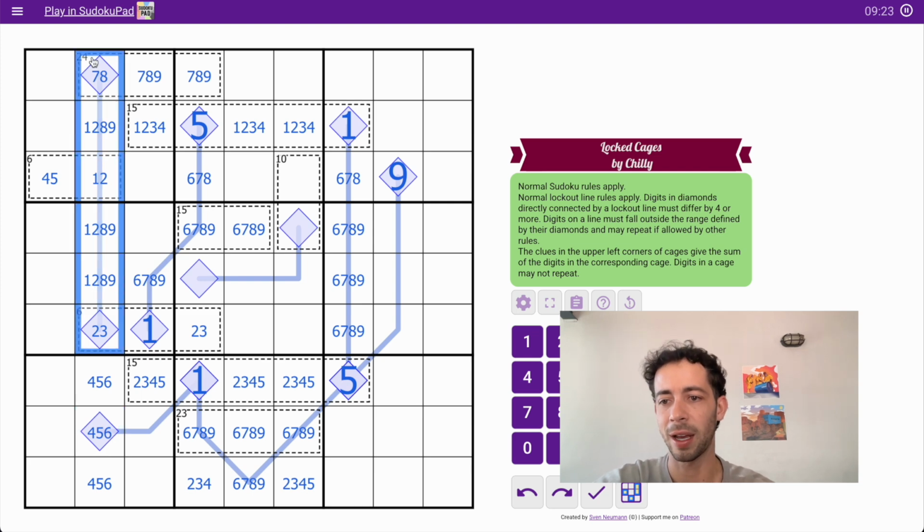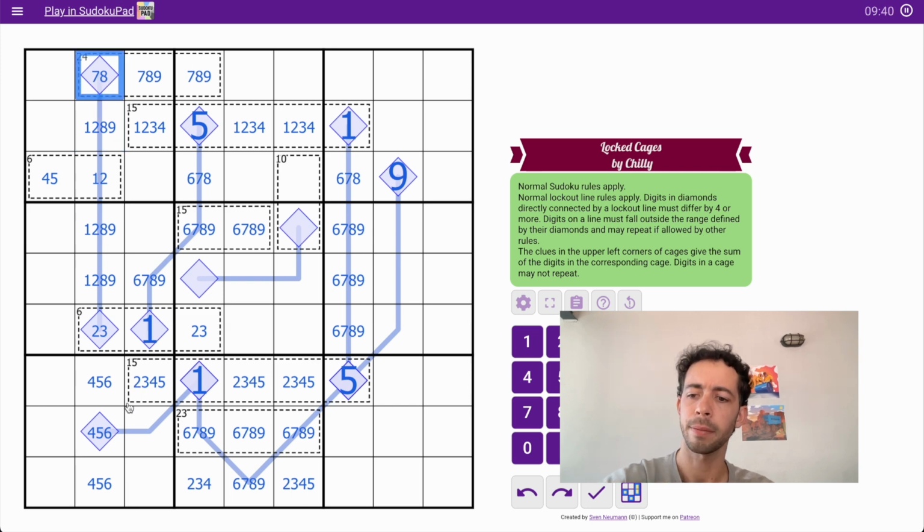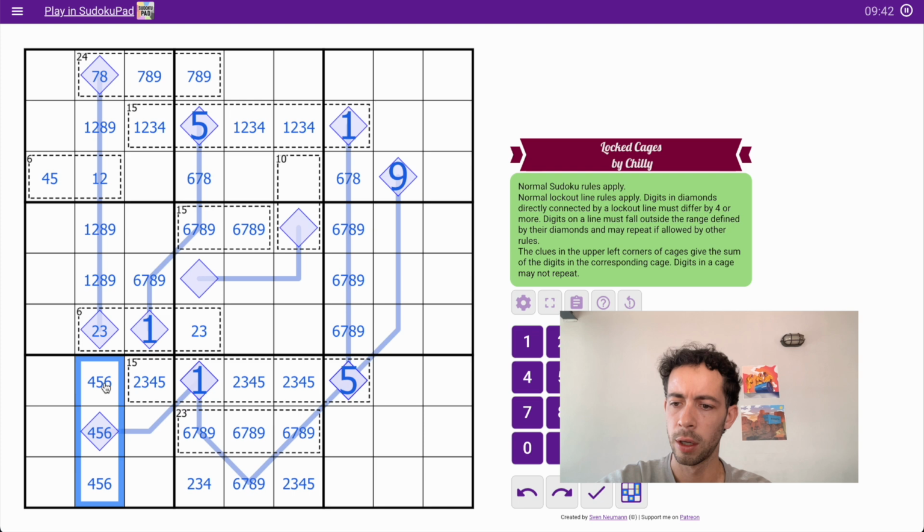Right? That just seemed like a sudden great leap of logic, but I trust my pencil marks, and we have 6 digits over 6 cells: 1, 2, 3, 7, 8, and 9. Okay, so that's going to be 4, 5, and 6.